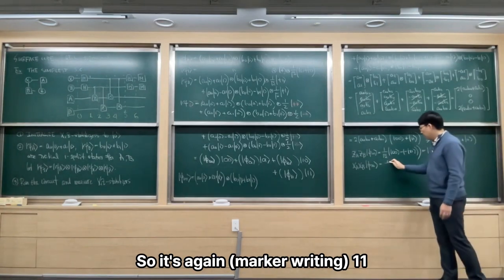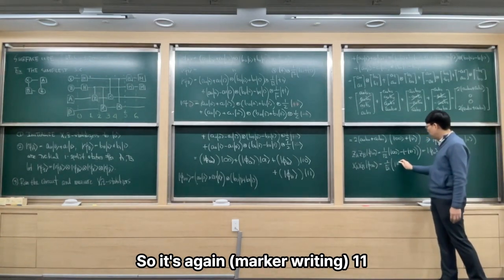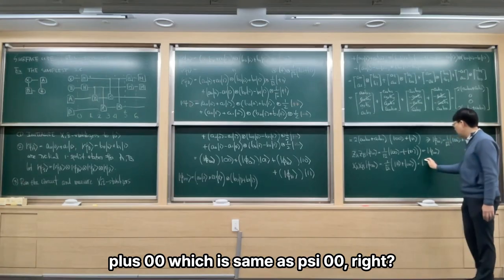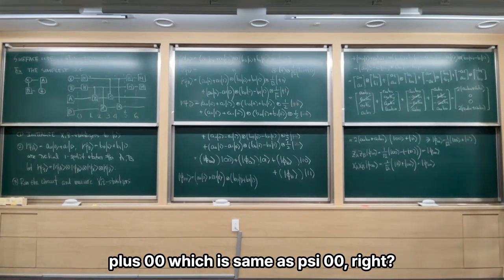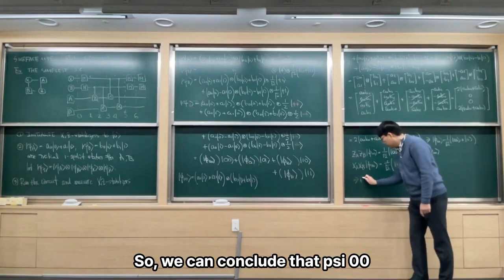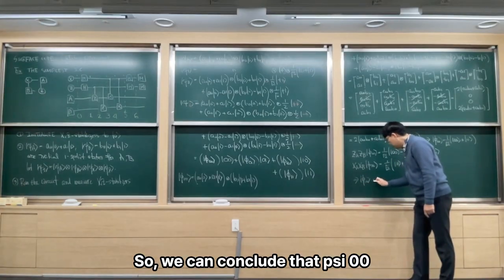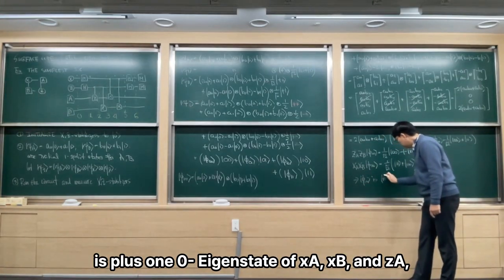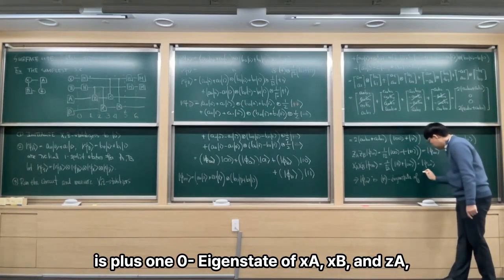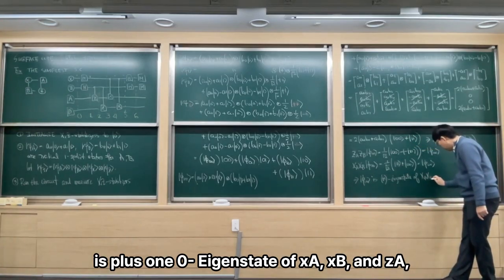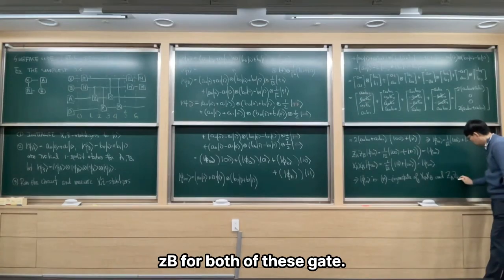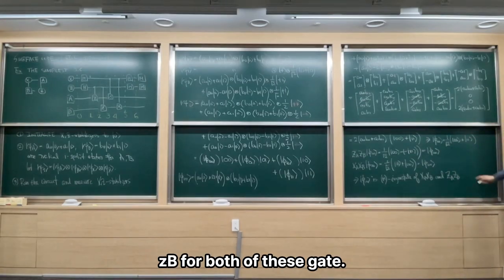So again it's 1, 1 plus 0, 0, which is the same as psi 0, 0. So we can conclude that psi 0, 0 is plus 1 eigenstate of XA, XB, and ZA, ZB for both of these gates.